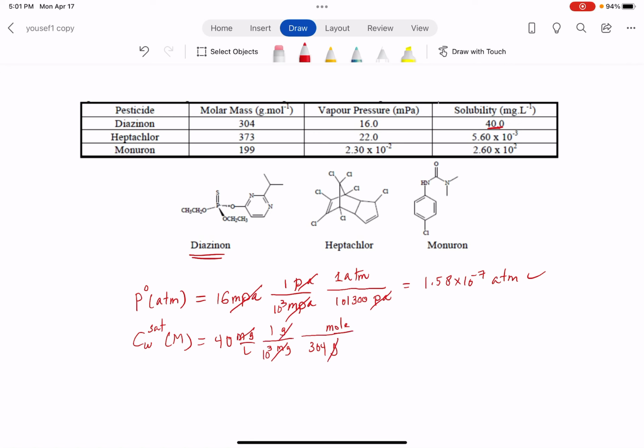So gram cancels with gram, and you will end up with 40 divided by 1000 divided by 304, and this gives mole per liter. This is equal to the solubility in molarity, 1.32 times 10 to the minus 4.